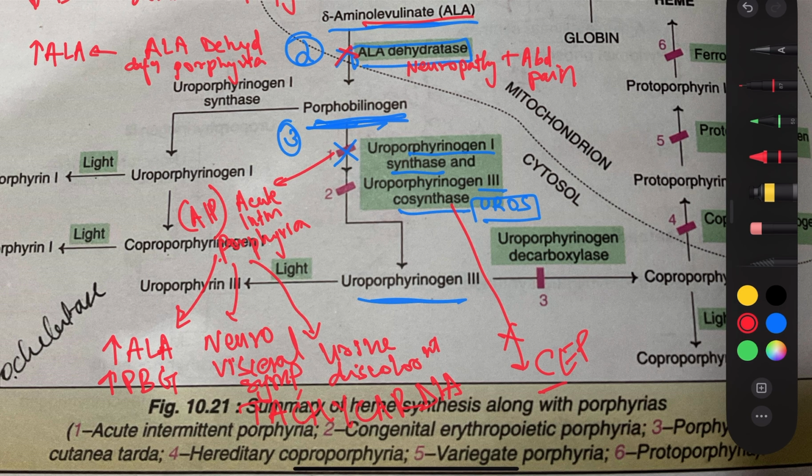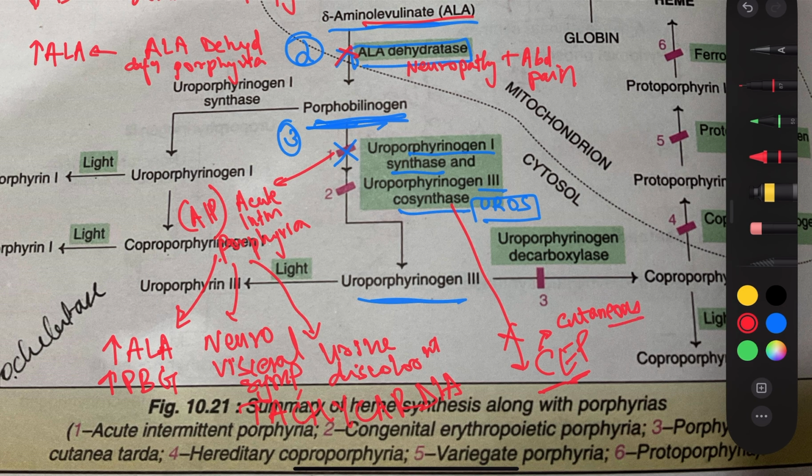Second, because it is congenital erythropoietic porphyria, what are we expecting? Well, I would want you to remember C for congenital and C for cutaneous.